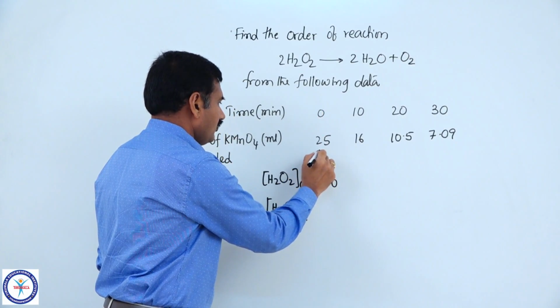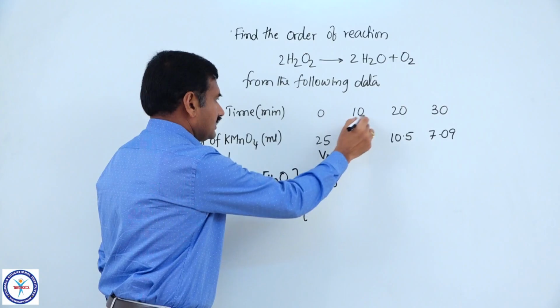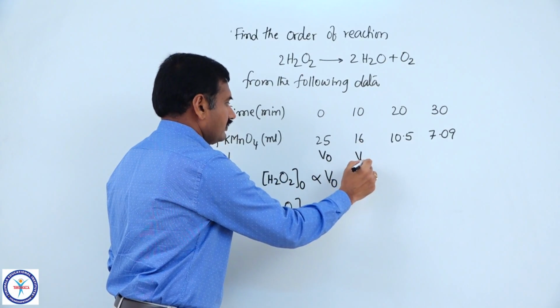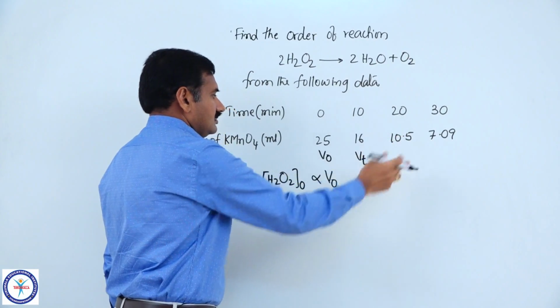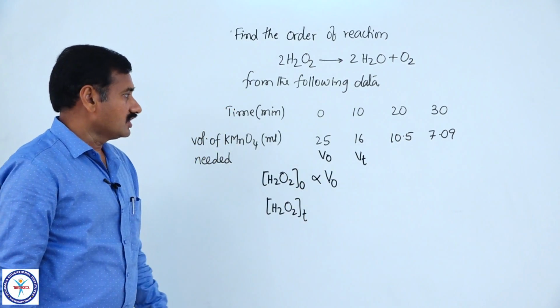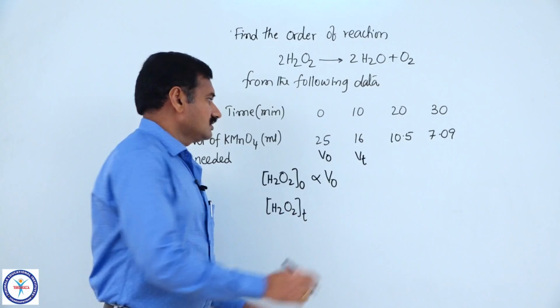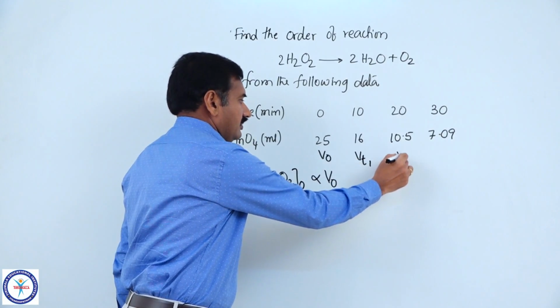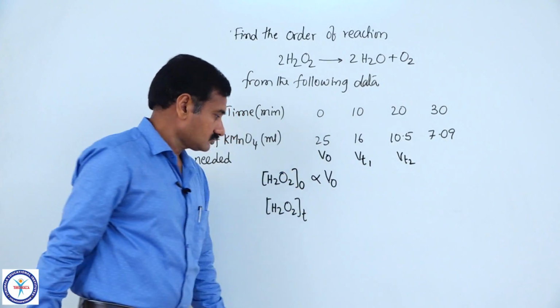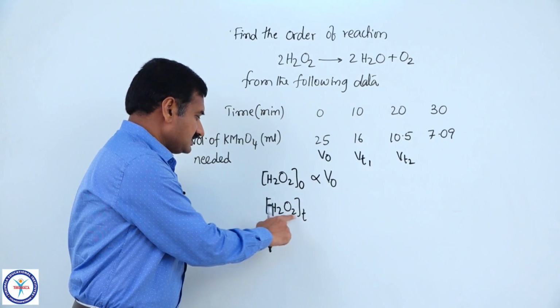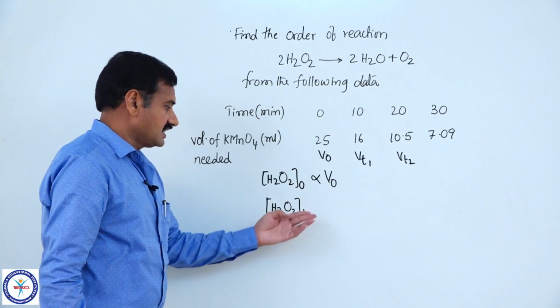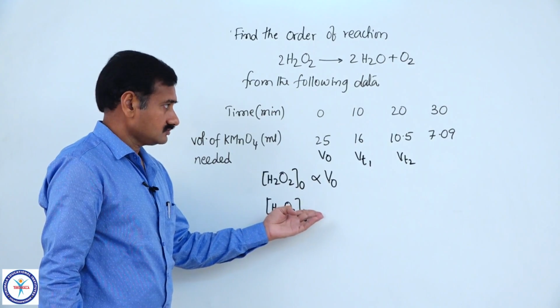So at 0 time the volume is taken as V naught, at 10 minute time let it be some Vt, at 20 minute time if it is Vt1, it may be Vt2 and so on. So the H2O2 concentration at time t is directly proportional to what?